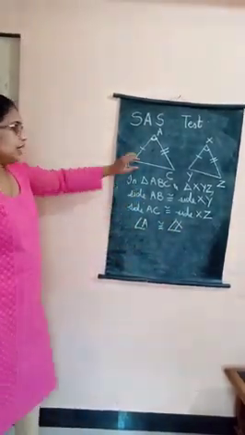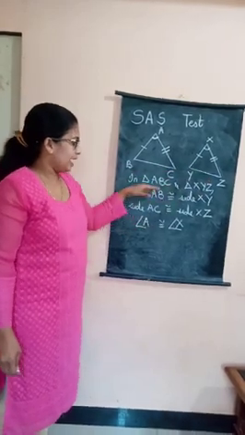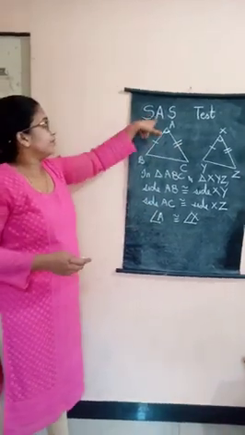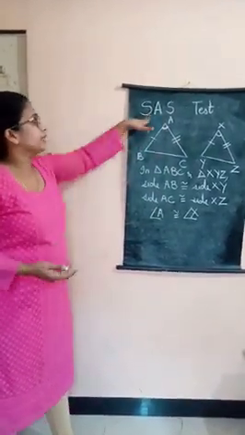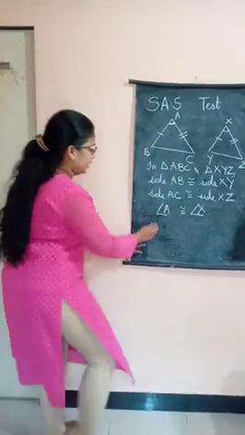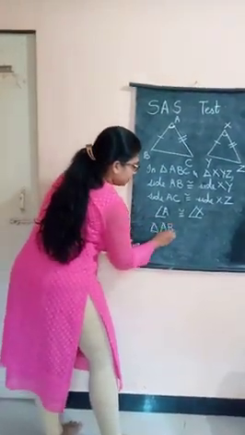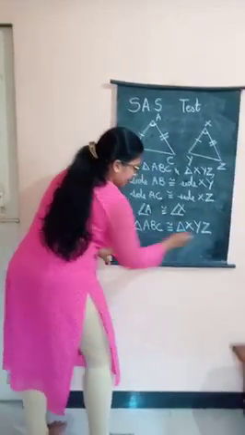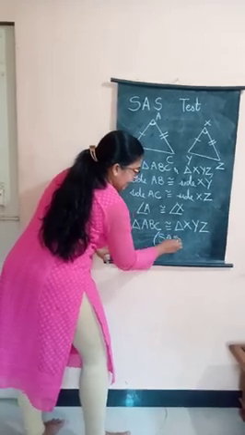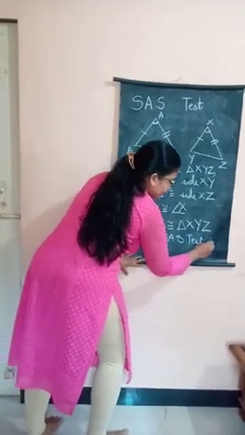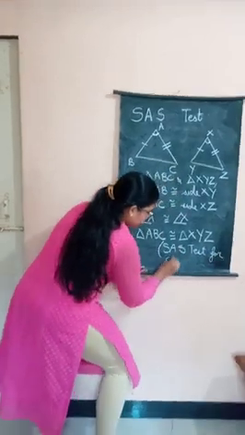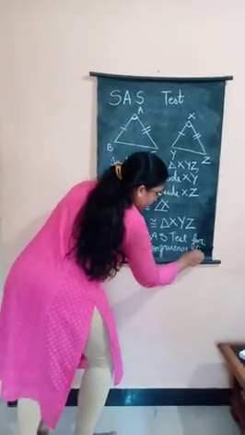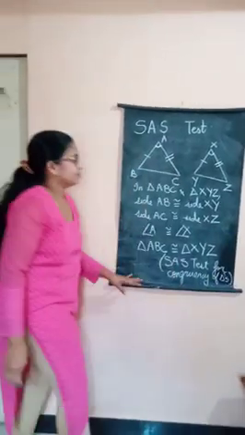So this shows that since the two triangles have these 3 elements which are in alignment with the SAS test, you can say the triangle ABC is congruent to triangle XYZ by SAS test for congruence of triangles.